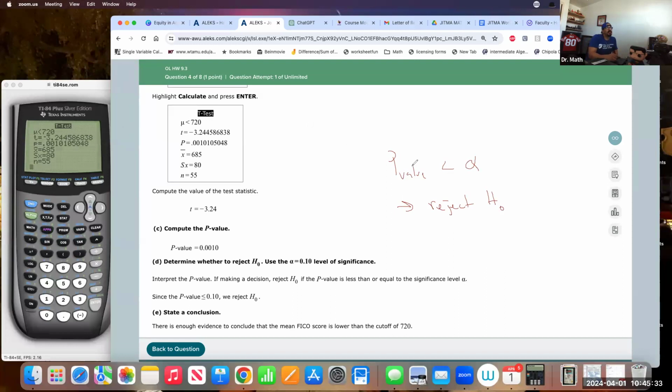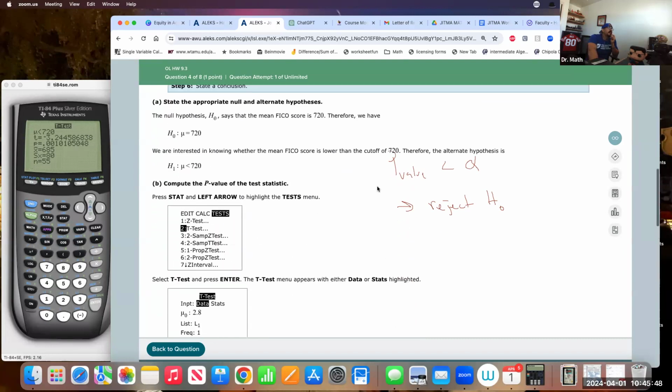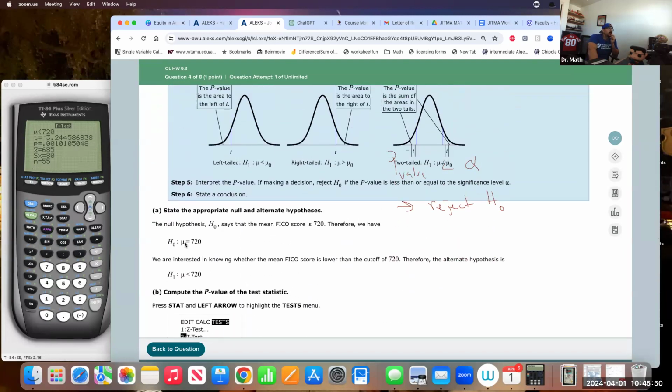And vice versa, if the p-value was greater than alpha, then you do not reject H naught. So here we are rejecting H naught. Let me go back and see, what is H naught? So we are rejecting this. What we're saying is we have strong evidence to support the claim that the mean FICO score is lower than this cutoff of 720.